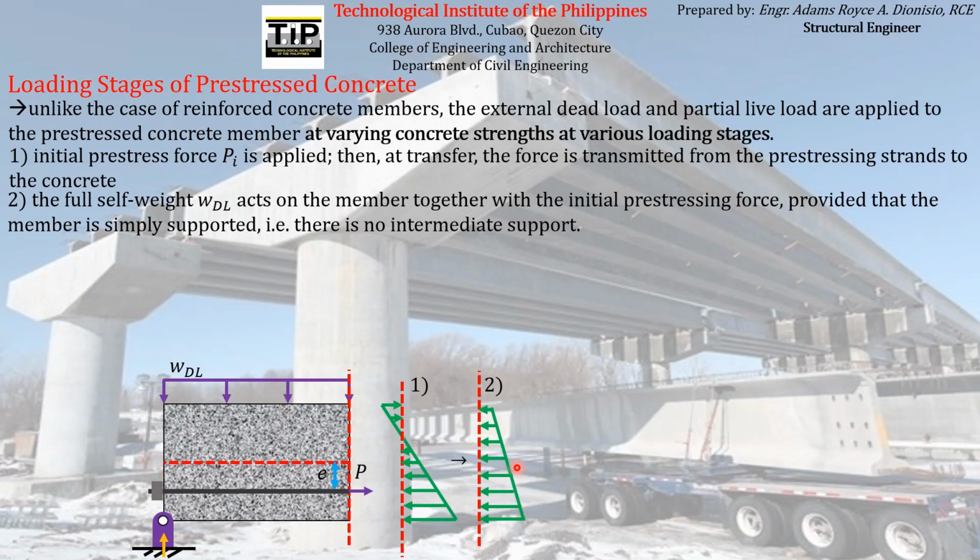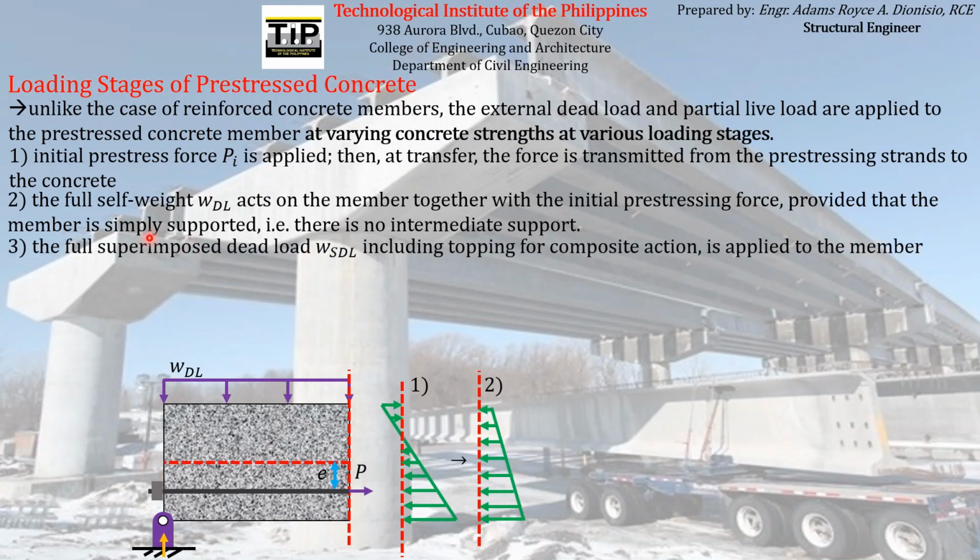The next stage after that is when the full superimposed dead load W sub SDL, including topping for composite action, is applied to the member. In addition to the self-weight already carried by the concrete element, additional load will be carried by the element.